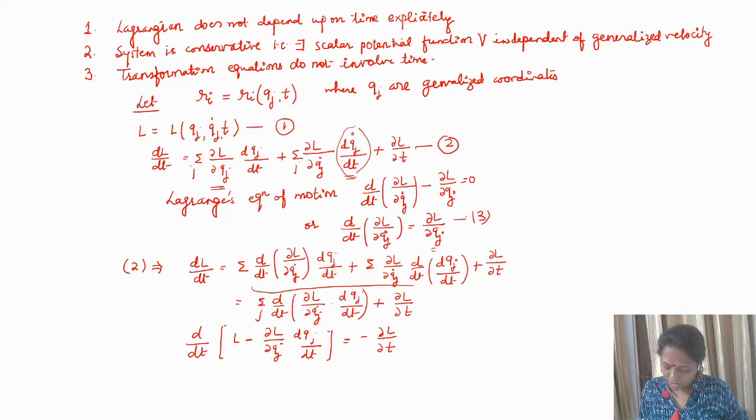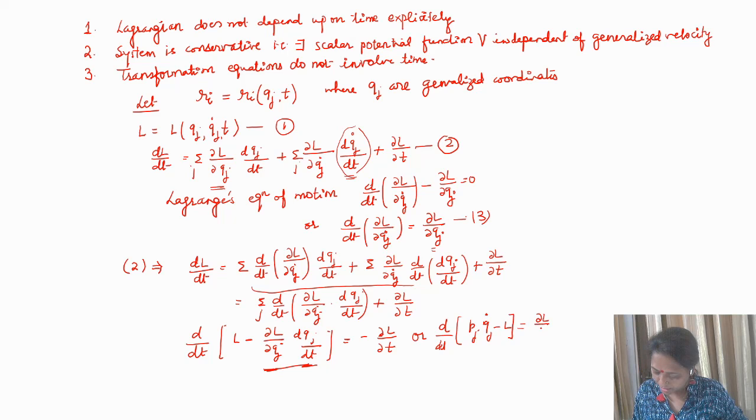I have taken this term to the left hand side, or reversely you may write it as d/dt of, and what is delta L by delta Qj dot? It is Pj by definition, and this term is Qj dot and this term is Pj. Pj Qj dot minus L is equal to delta L by delta t.